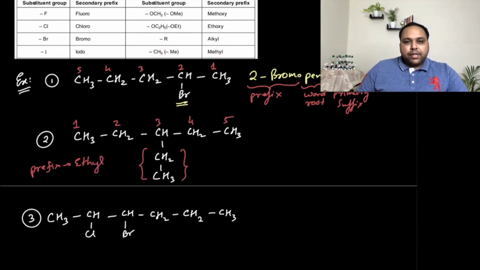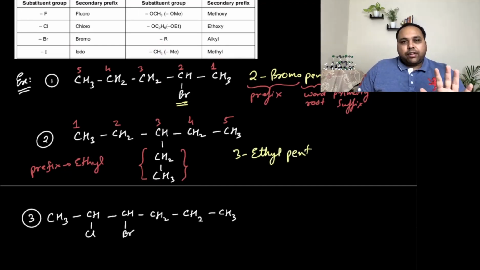So the prefix will be ethyl and it will be placed at the third position. So let's write the name. The name for this compound is 3-ethyl. Pent is the word root for 5 carbon atoms, and because there is no double bond, the suffix will be ane. So this is 3-ethylpentane.